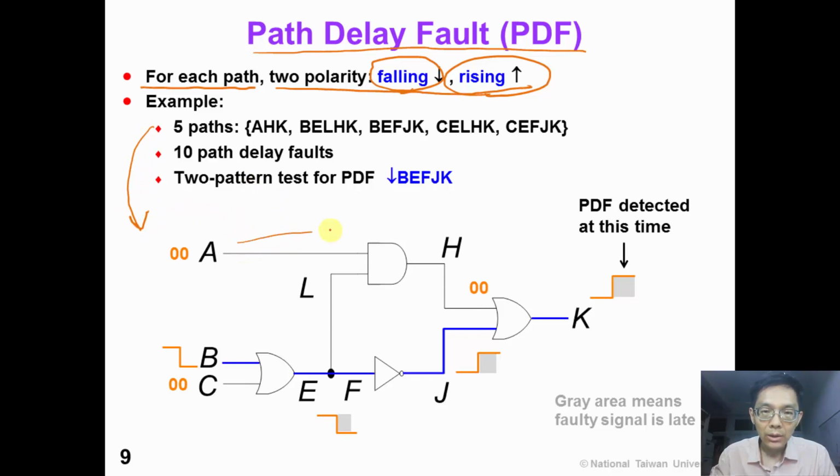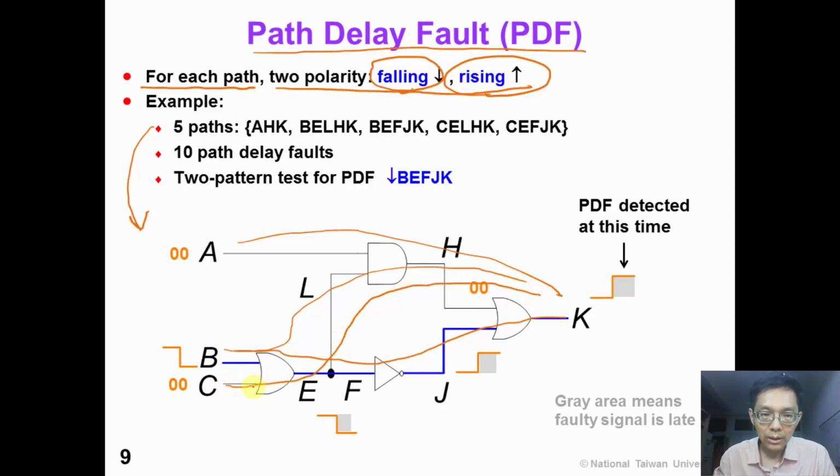They are AHK, BELHK, BEFJK, CELHK, and CEFJK. For each path, we have 2 path DelayFaults. So there are totally 10 path DelayFaults in this circuit.